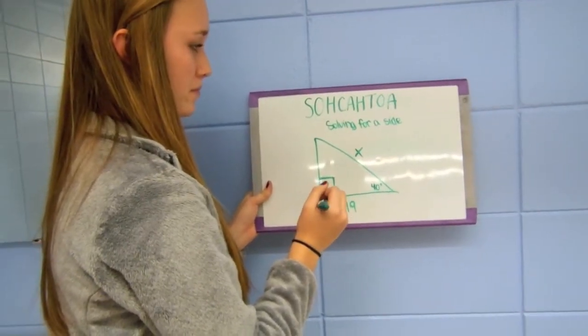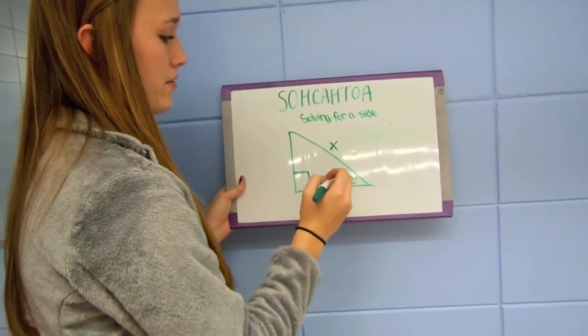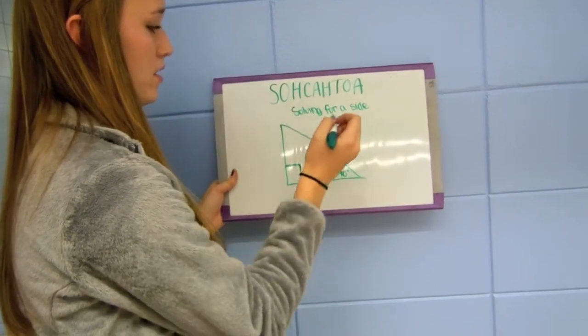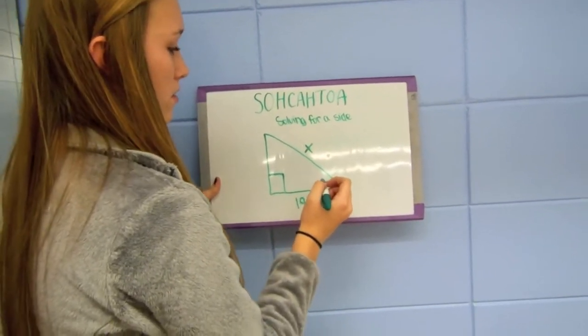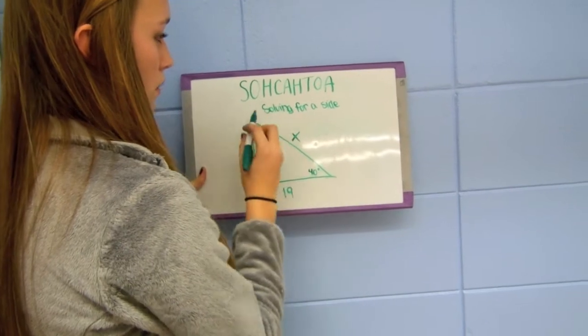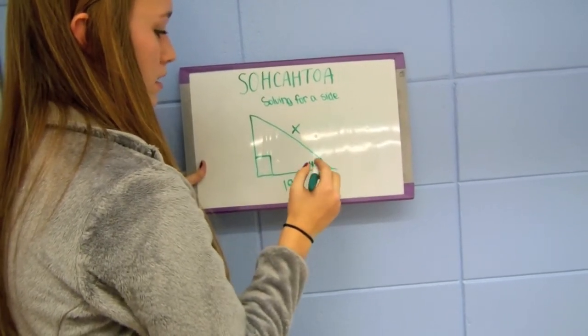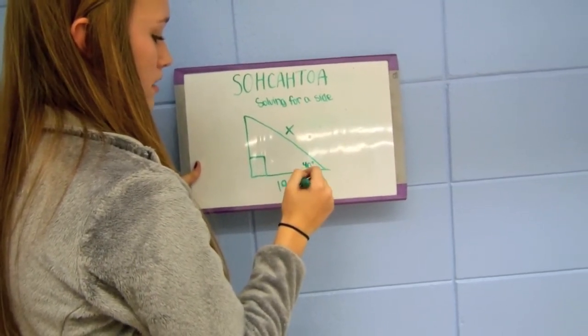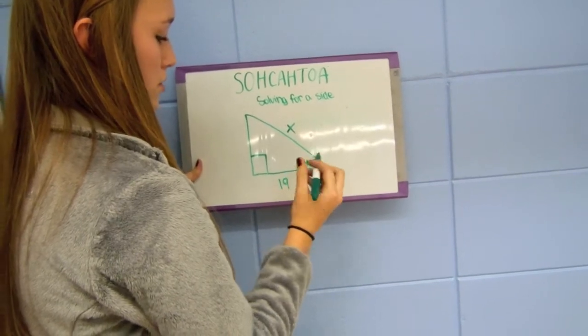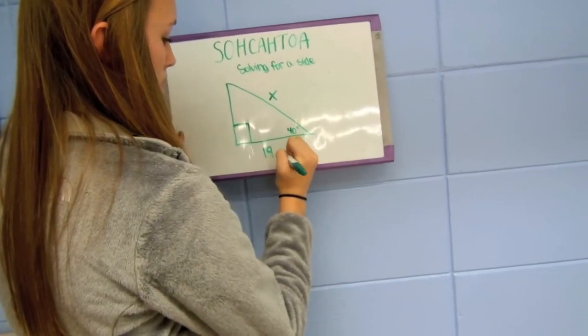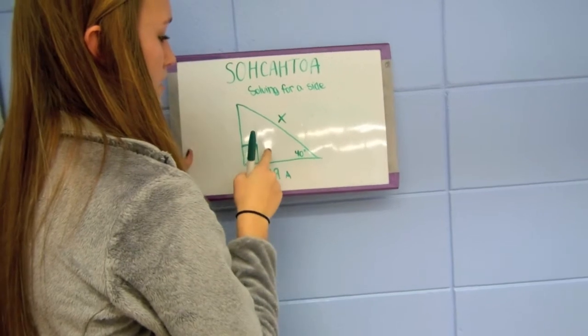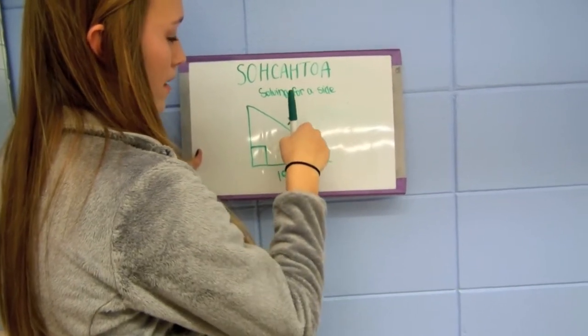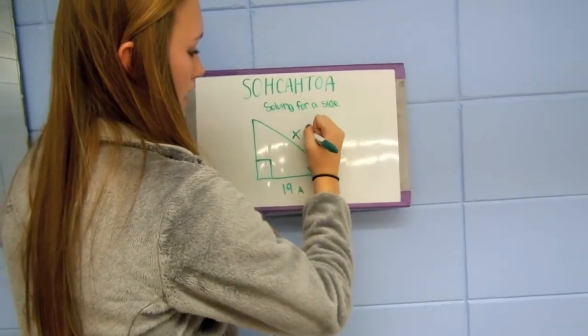So Katie, how do we solve for a side? To solve for a side, you have to find the angle you know and look at Sohcahtoa. Once you know the angle you know, you look to see what trig function would work. When you see 40 and you look next to it, you find adjacent, which is 19. Then you look across from the 90-degree angle at the hypotenuse, which is x.